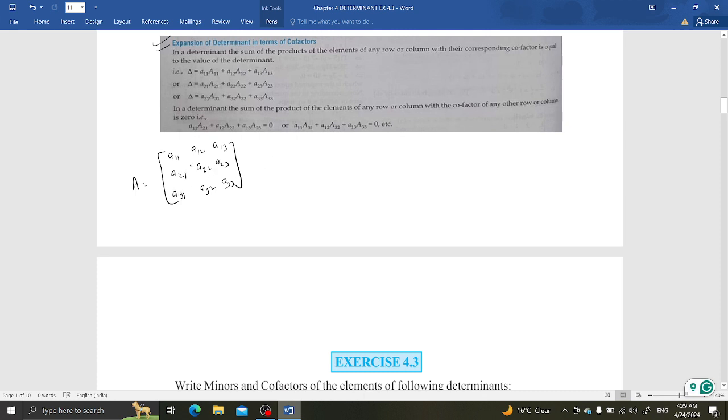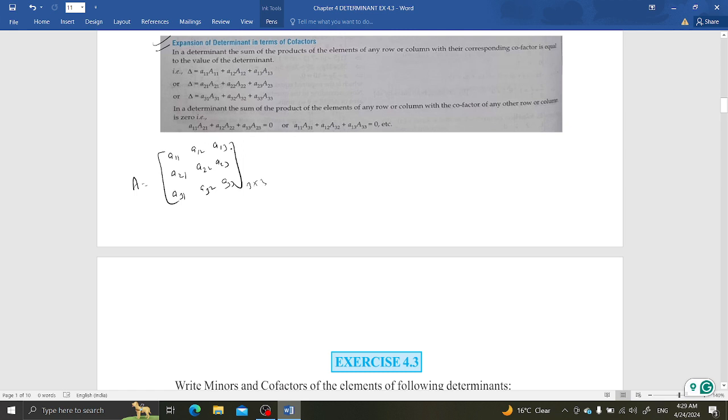Now, how can we find the determinant? Determinant is nothing but a scalar value, maybe positive, maybe negative, maybe 0, associated with the square matrix, and the determinant is always unique for a given matrix. And how can we find that scalar value?